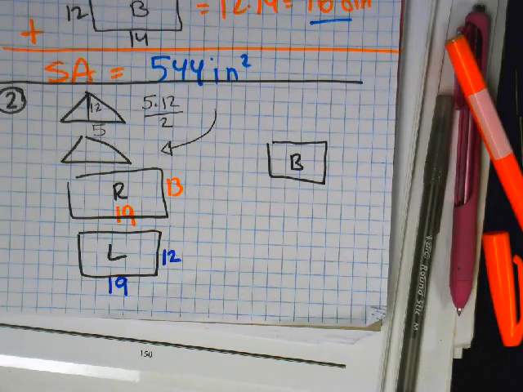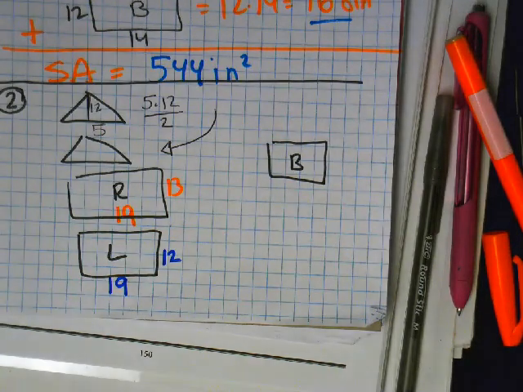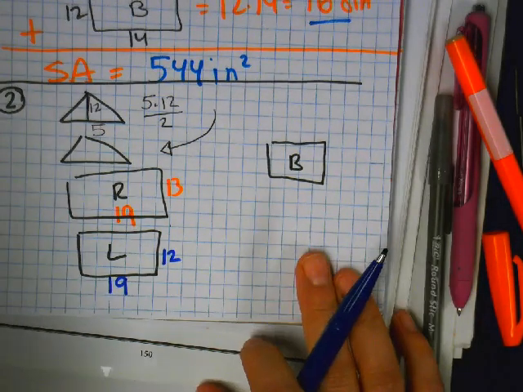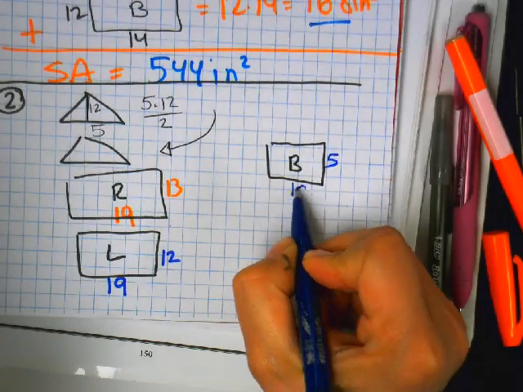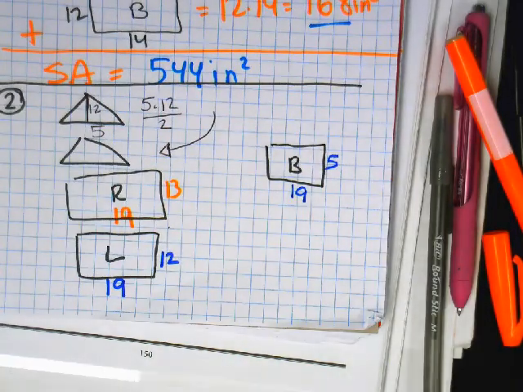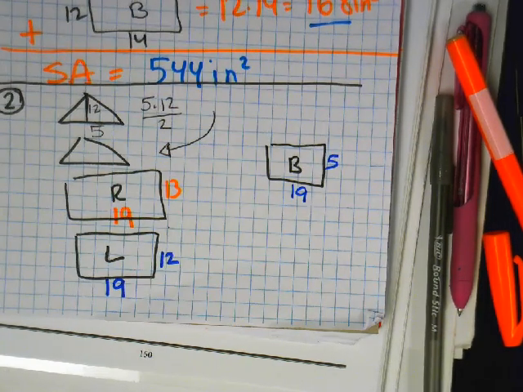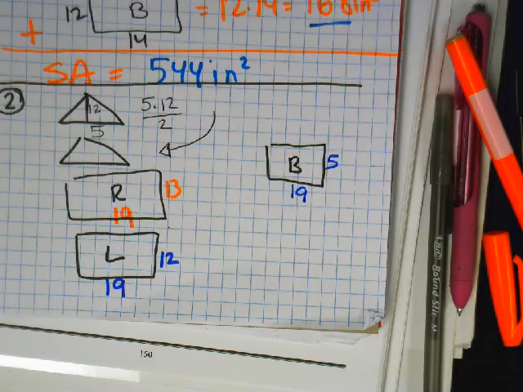Right here, the bottom is 19 and 5. If you were able to do that before I was, good job. That's the hardest part, picking out the numbers. Now it's easy. Feel free to use a calculator if you need it.